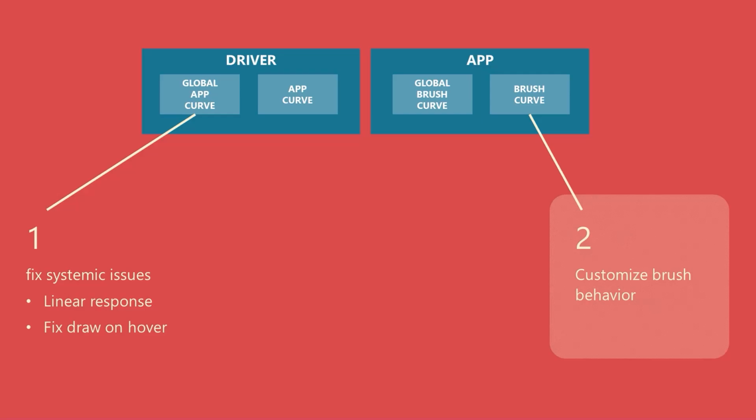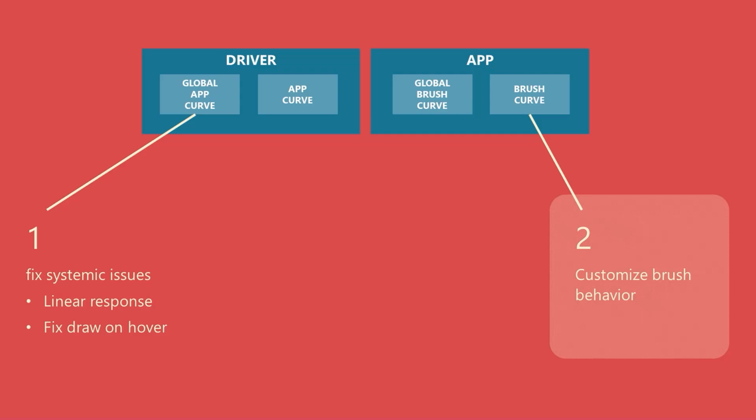Now that I've got those big systemic issues out of the way, now I start customizing and tweaking the behavior I want to give me the brushes that work better for me. First, I set the pressure curves to give me a behavior that matches my intuitive expectation of how a brush might behave. For example, I may want my pens and pencils to not vary their width as much as I change pressure. Or maybe I'm using a specific kind of brush where I want a more fluid style with lots of variation in line width.